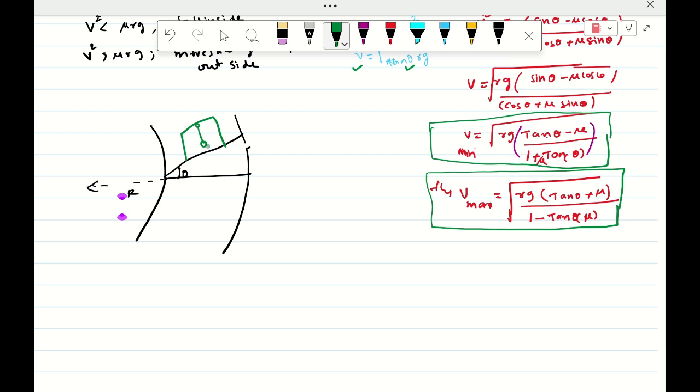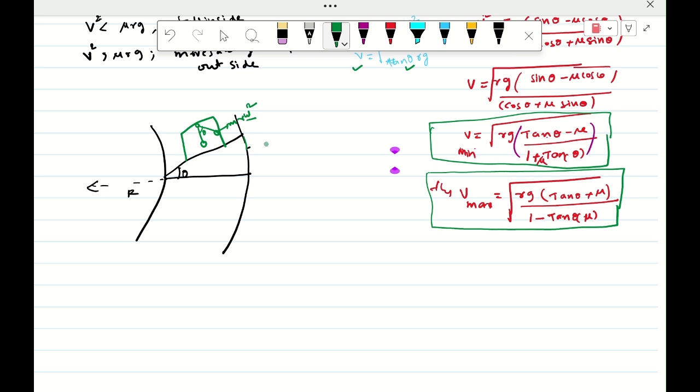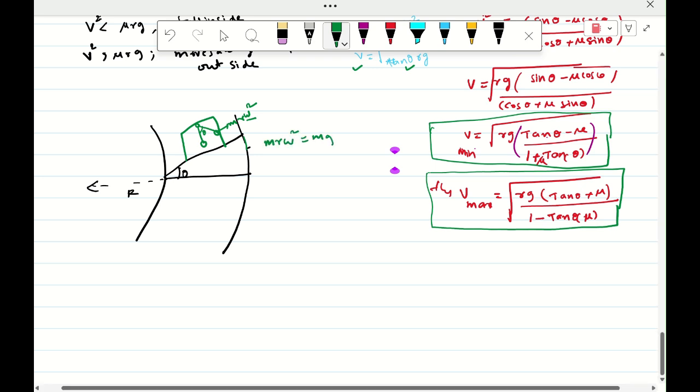Because of some velocity it has a centripetal force, m r omega square. In this case I need to find out the angular velocity. It is very clear from the diagram: m r omega square is mg tan theta, the tangential force you can consider here.